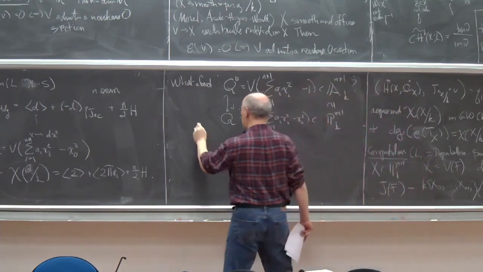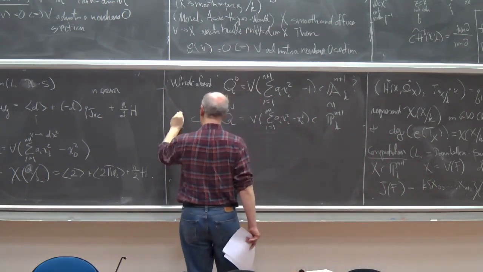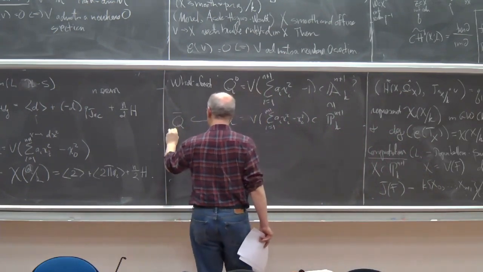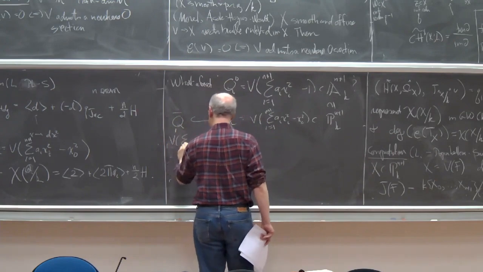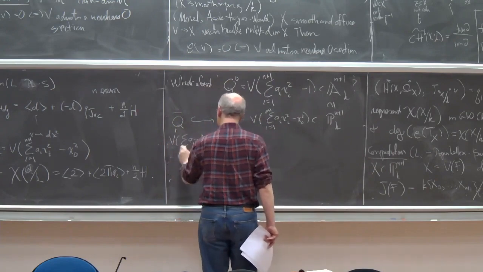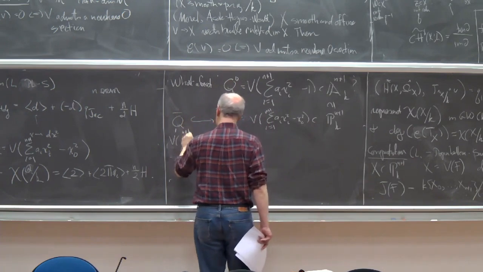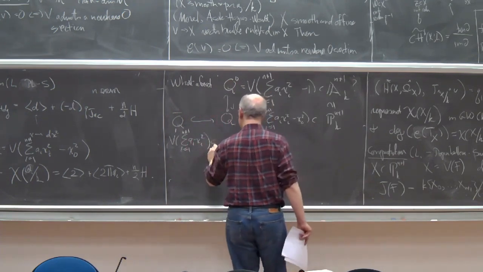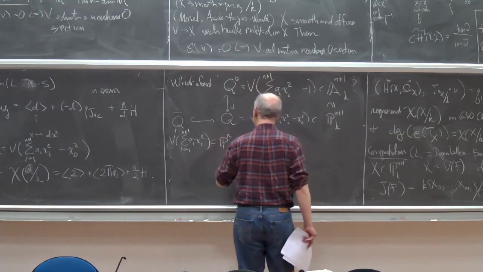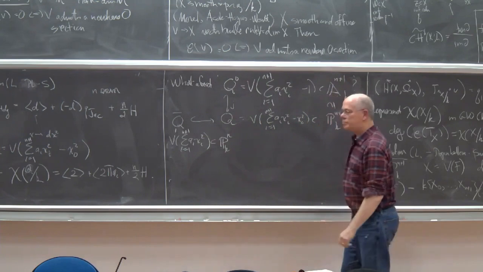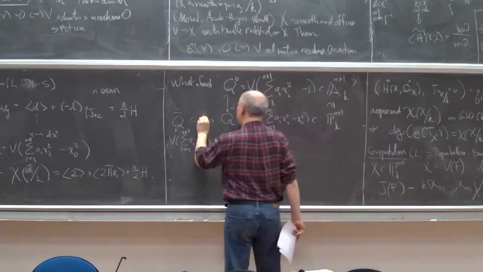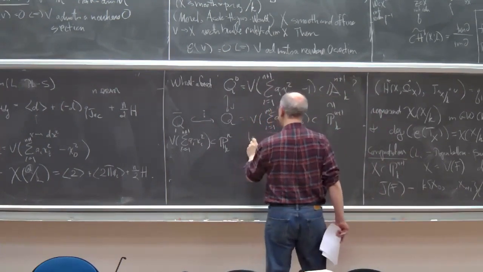And what's the complement? Let me call that Q bar. That's when x0 is equal to 0. This is V of the sum of a_i xi squared, homogeneous in one less variable. So that's inside of P^n. Call that inclusion i. And associated to this situation, we have a localization sequence.